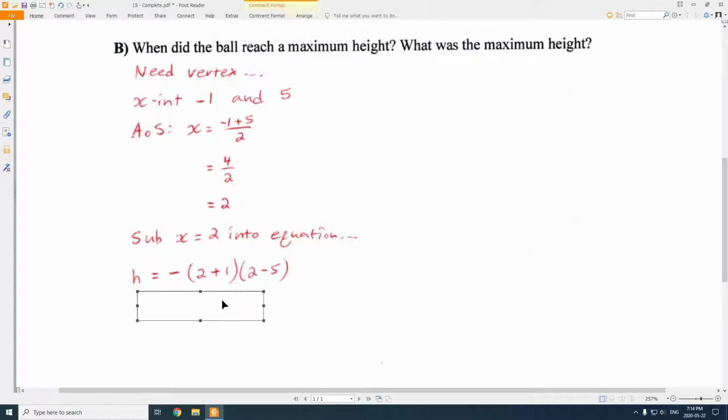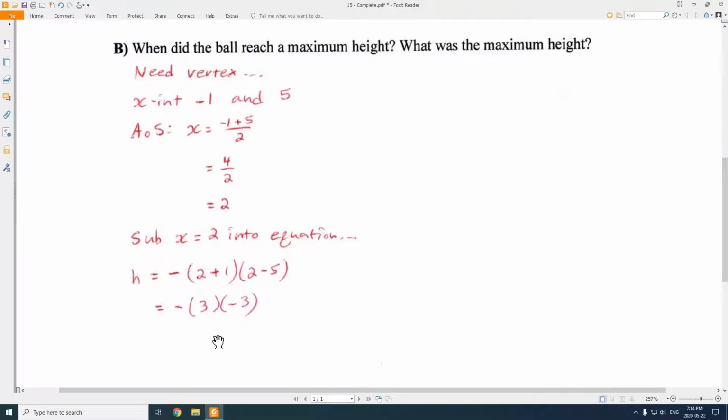Brackets first gives me 3 and negative 3. Gives me positive 9. Okay. So we now know where the vertex is. The vertex was at 2 and 9. Okay, we've found our vertex.